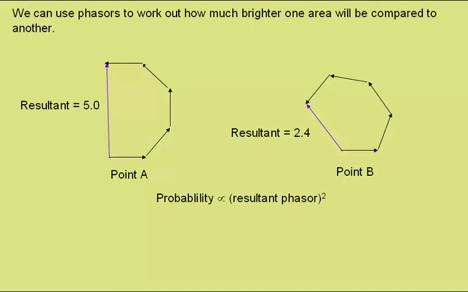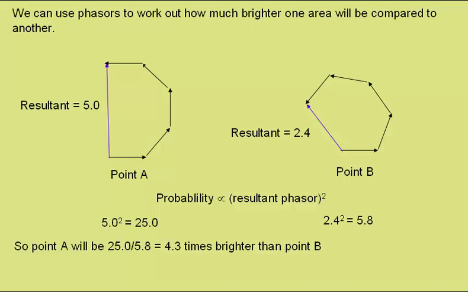The probability of photons arriving is directly proportional to the resultant phasor squared. So for point A, 5 squared is 25. For point B, 2.4 squared is 5.8. So point A will be 25 over 5.8, or 4.3 times brighter than point B.